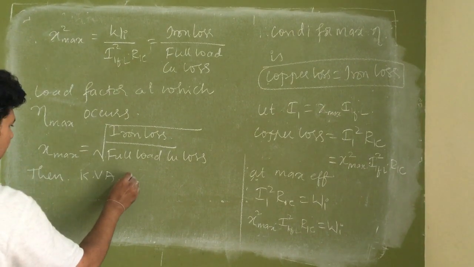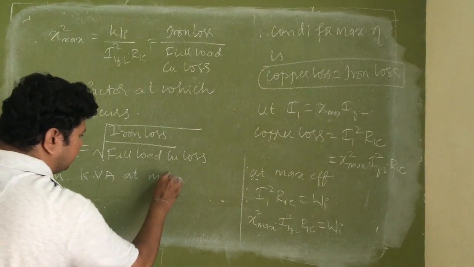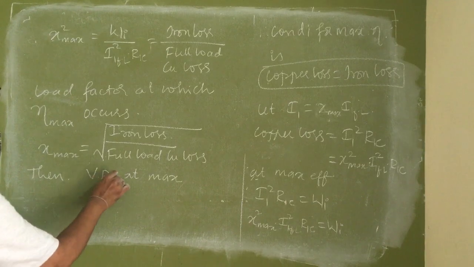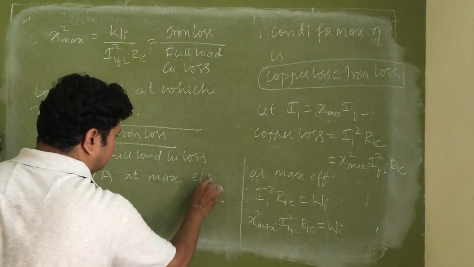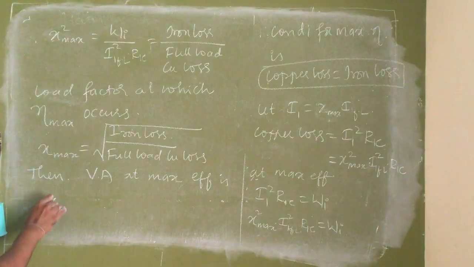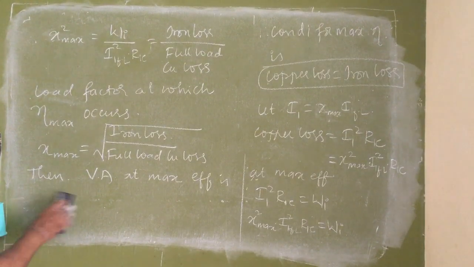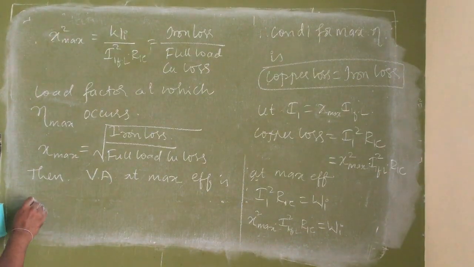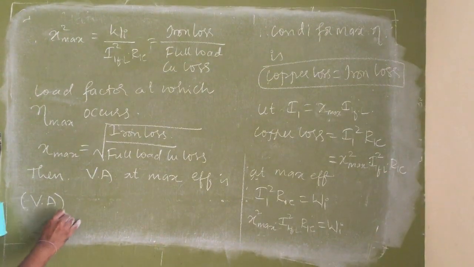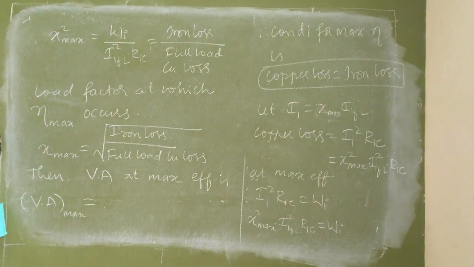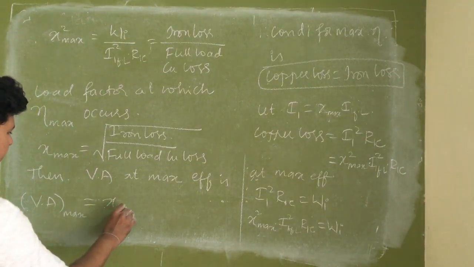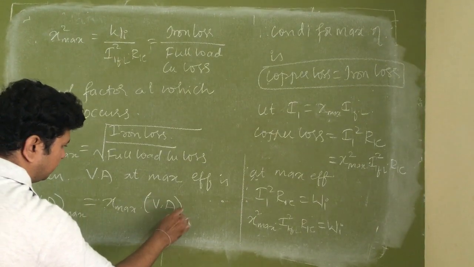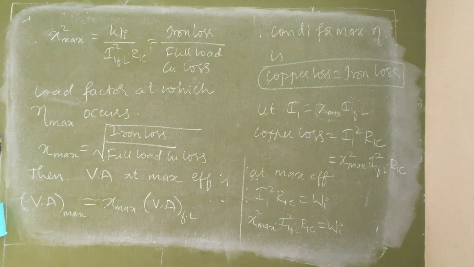Then, kVA at maximum efficiency, or volt ampere at maximum efficiency, is VA max equals x max into VA full load.